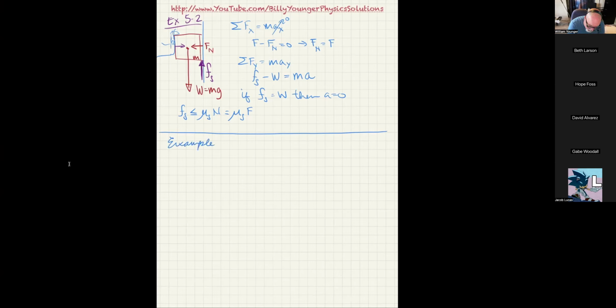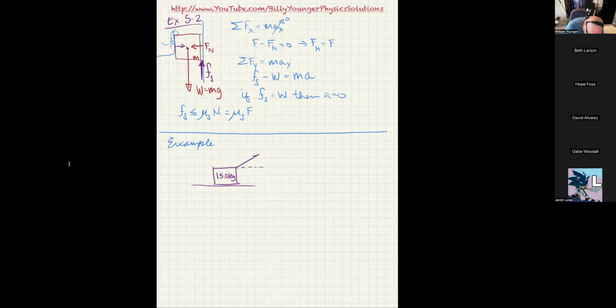In this case, we're going to have a box sitting on a perfectly level surface. This box has a mass of 15.0 kilograms and it's sitting on a horizontal surface. I will apply a force, and that force is not going to be perfectly perpendicular, nor perfectly horizontal.